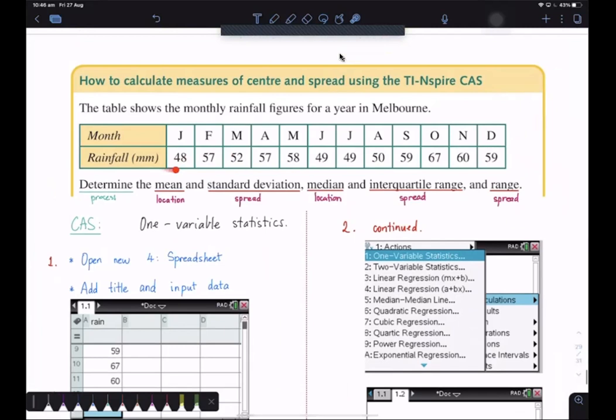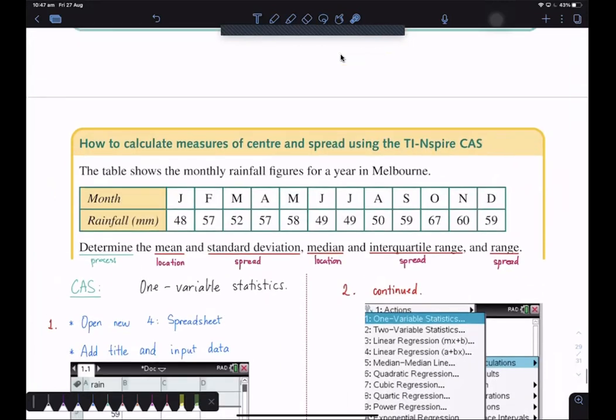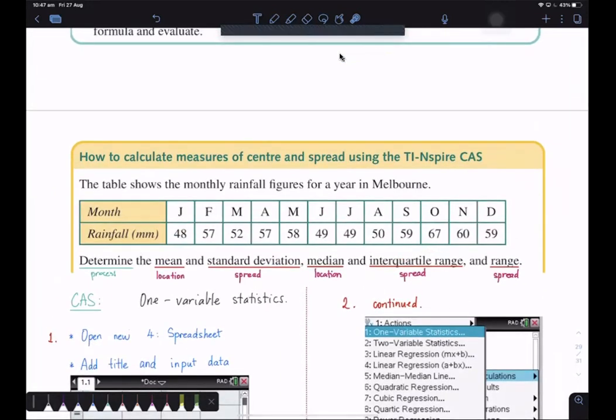What would you label the title, Arafat? What would you label the title here? What idea are we talking about for these numbers here? The title for our CAS, for our calculator. What are these numbers talking about?